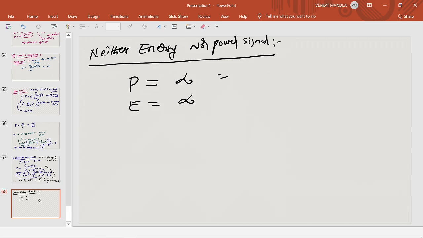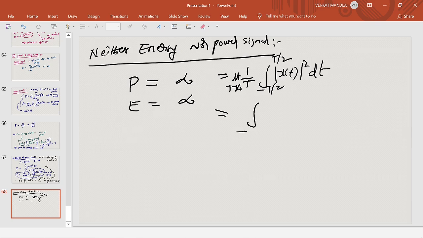That is, P equals 1 by T, limit T tends to infinity, integral from minus T by 2 to plus T by 2 of x of t whole square dt, and this energy is the integral from minus infinity to plus infinity of magnitude of x of t whole square dt. So both are infinity. Then it is neither an energy nor a power signal.